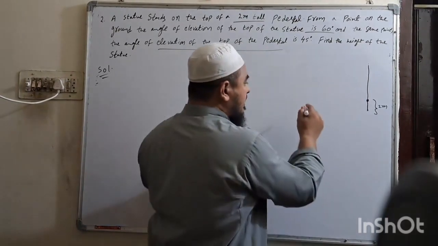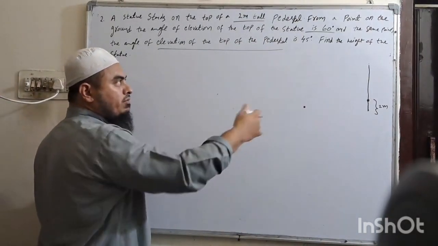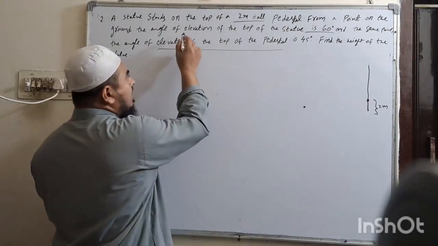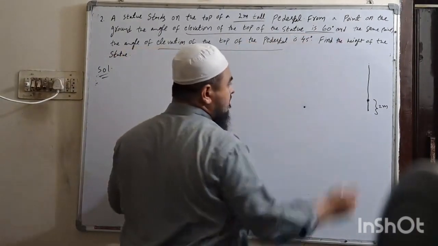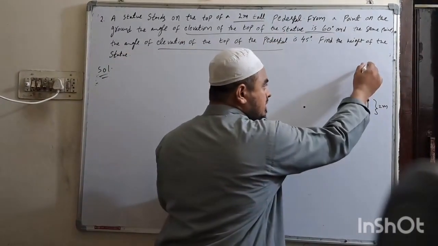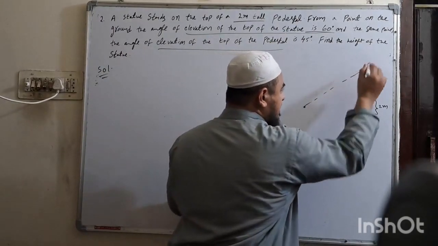Okay, now a person who is watching from a distance away from the statue or away from the pedestal. First, what they have given: the angle of elevation of the top of the statue is 60 degrees. So this is the top of the statue, and the angle of elevation is this.